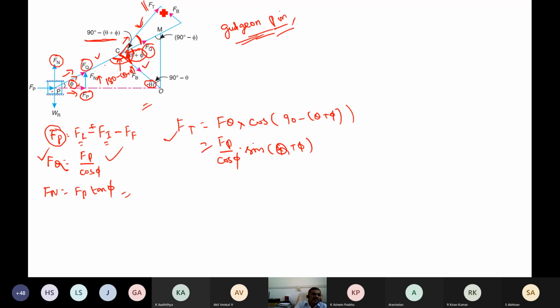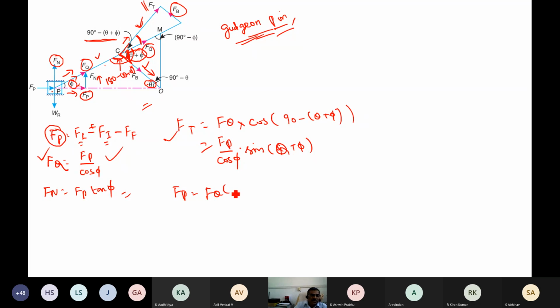Similarly, if you want to find the value of Fb, this is acting along the same direction. Fb can be calculated as Fq into sin of (90 minus (theta plus phi)). What is sin of (90 minus (theta plus phi))? That is cos of (theta plus phi).